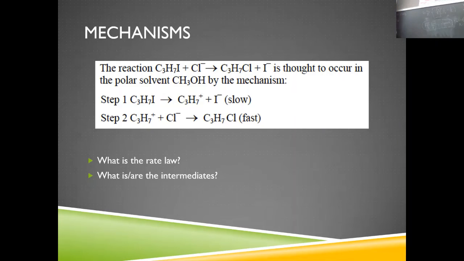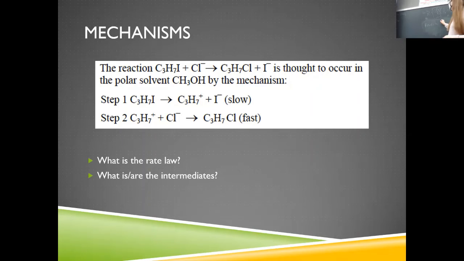Okay. So then this says, what is the rate law? So my rate law is going to be rate is equal to, and what do I put right after the equal sign? K, gotta have K in there. So rate is equal to K. And then since the slow step is the rate determining step, the rate for the whole thing is just determined by whatever the rate of the first step is.